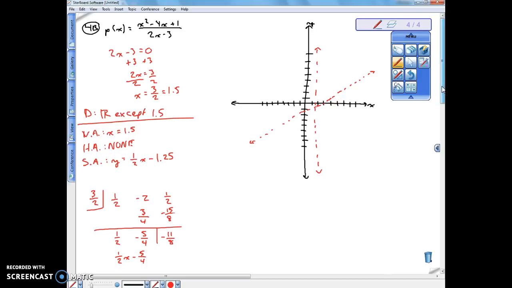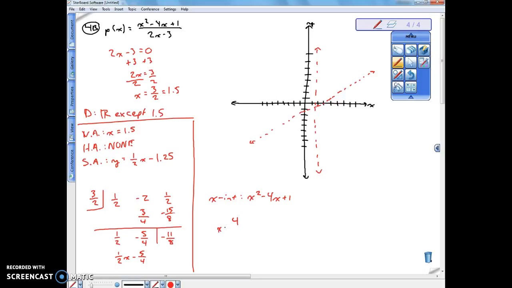Intercepts here, again, not terribly fun, but if we want to go ahead and find my x-intercepts, let's go ahead and plug it into the quadratic formula, again only dealing with the numerator, just to see whether or not we're going to be in good shape.